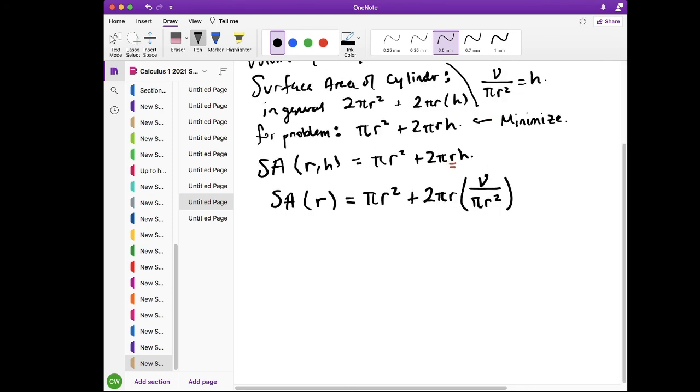Okay, so just simplifying this. Even more, just get rid of these pi's. Sorry, we have 2v over r.